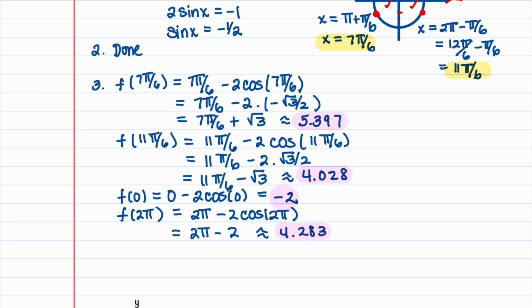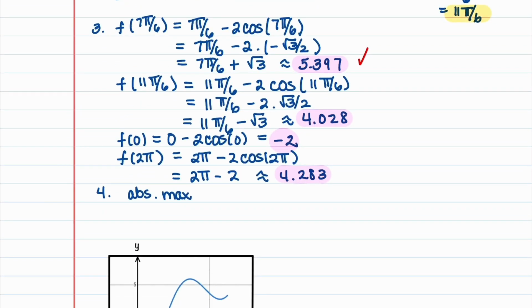Now, we're almost done. Our fourth step is to look at all four of the values that we highlighted in pink and see which is the largest and the smallest. The largest is this one right here. So we can say that our absolute max is approximately 5.397 at 7 pi over 6.